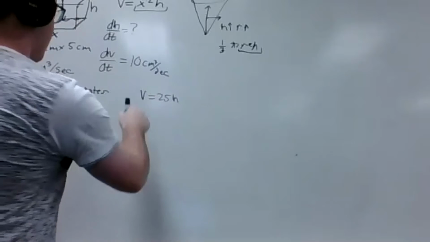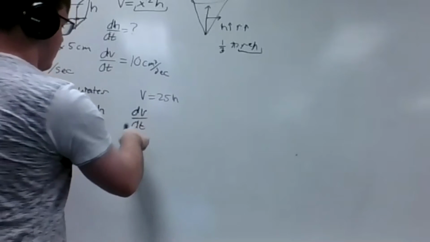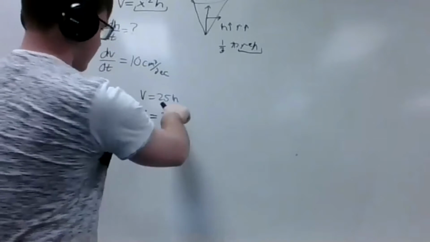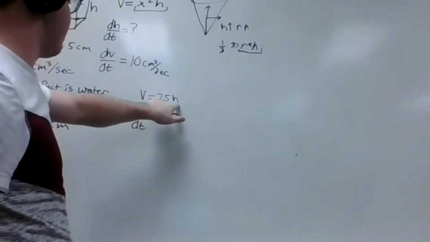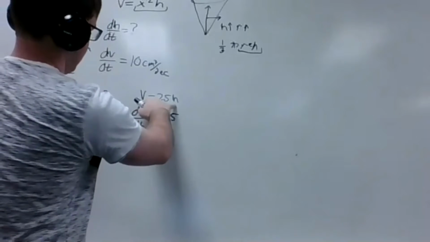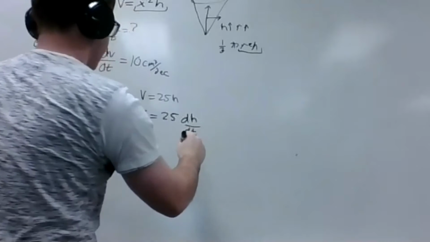And now our volume, so when we take a derivative, it's dependent upon time. And our h, since V is dependent upon h, is dependent upon time as well. So they're both dependent upon that time. So we're going to end up with dh/dt.